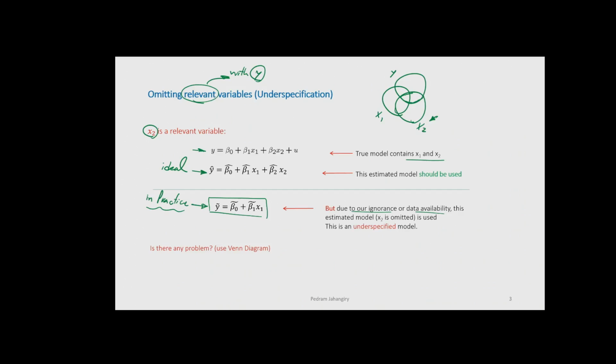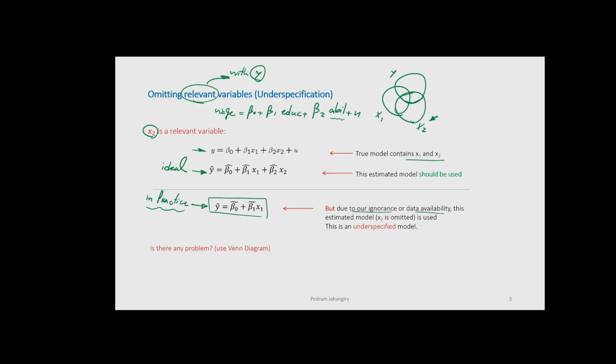going back to our example of wage versus education. Imagine this was the example. Y is wage, and beta 0 plus beta 1 education plus beta 2 ability plus u. So this ability, we don't have data for ability, right? But we know it's something very important in terms of explaining your wage.